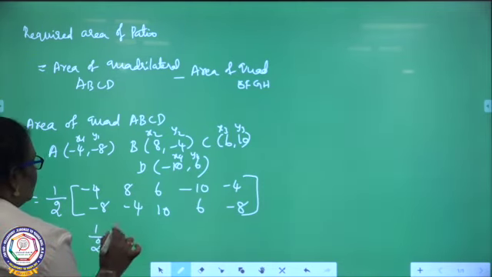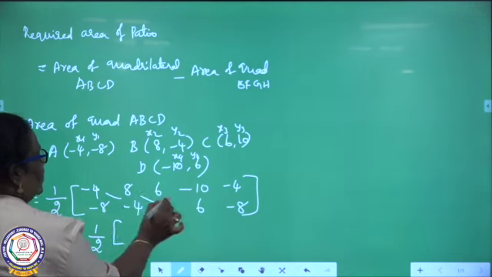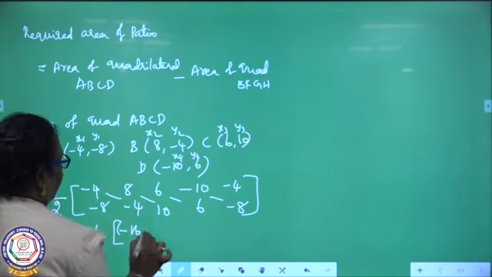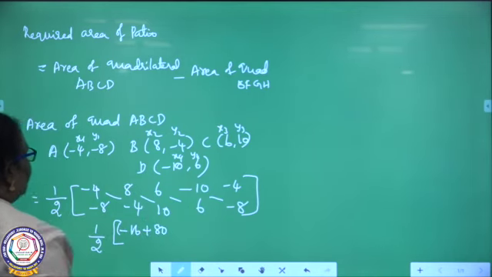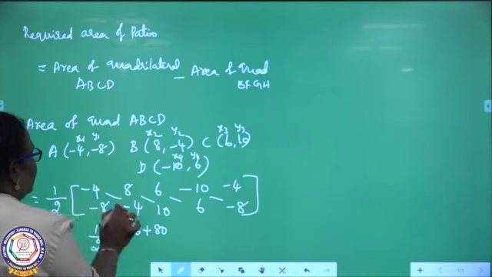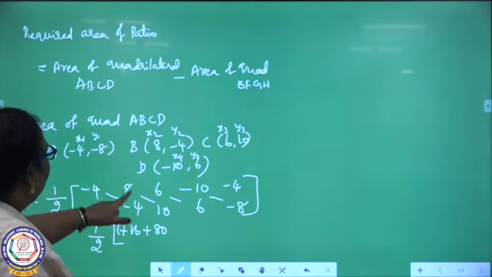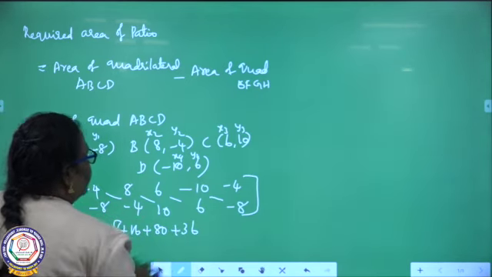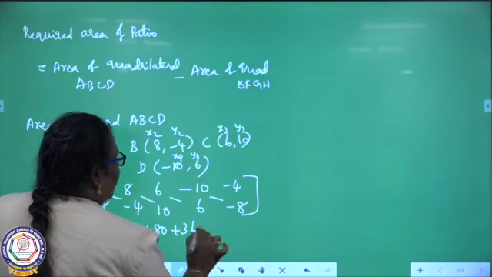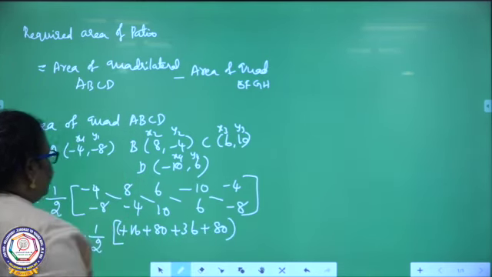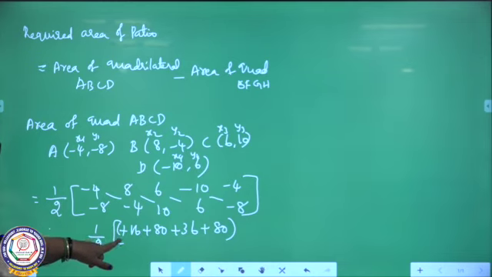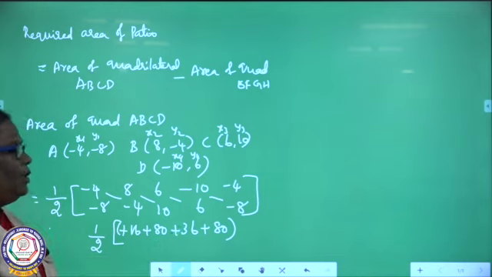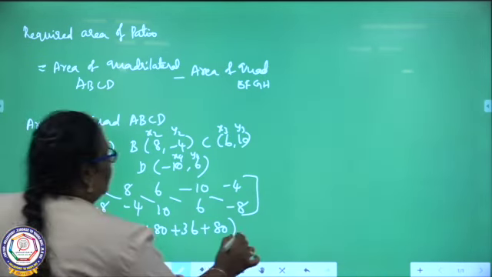So 1 by 2 into cross multiplication: minus 4 into minus 4 plus 16, 8 tens are 80, 6 6s are 36, minus 10 into minus 8 plus 80.